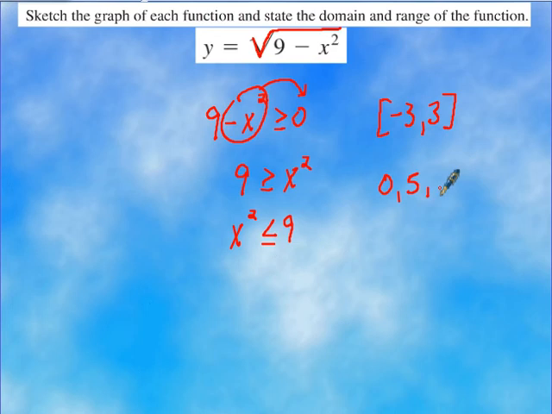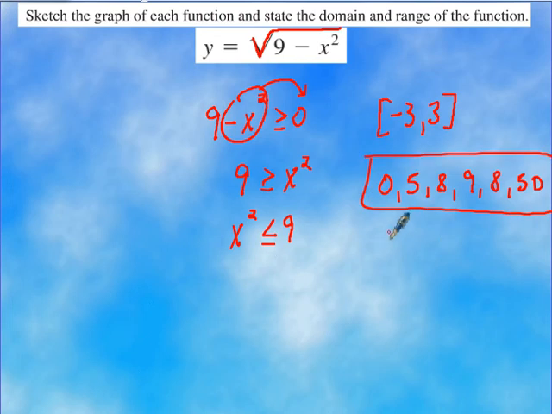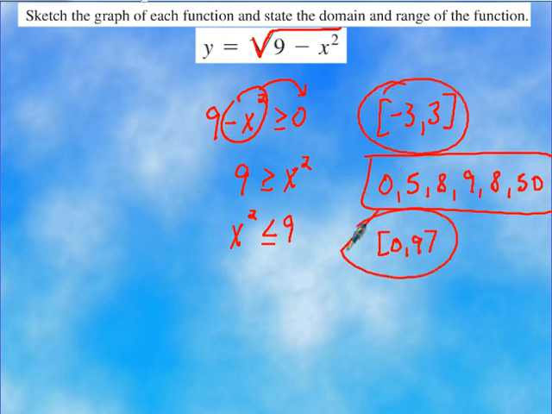Plug in -1, you get 9 minus 1, which is 8. I said that backwards. Plug in 0, you get 9 minus 0, which is 9. And then look what happens. Plug in 1, you get 9 minus 1. It goes backwards again. So what is my range? It looks to be all the things from 0 up to 9. So here's domain, here's range. That's doing it by hand.